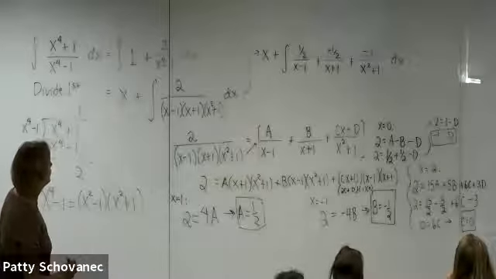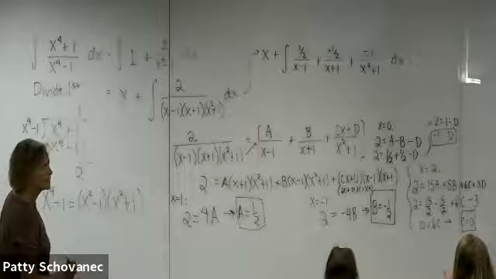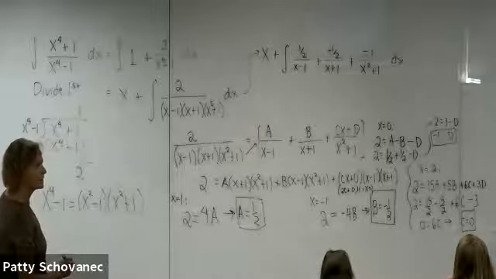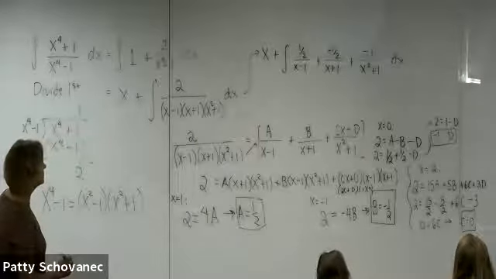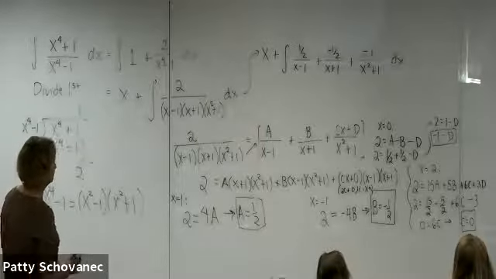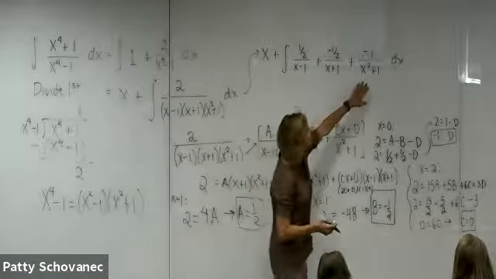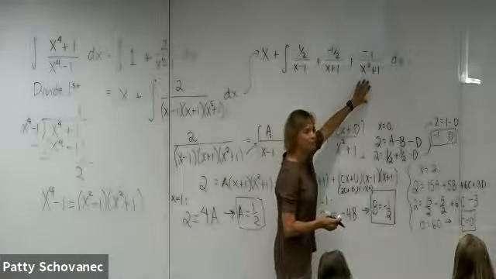Anything over there that you can integrate? Every bit of it, right? The first 2 are logarithms because x minus 1 is u, du is dx, same deal here. What's this integral? Inverse tangent.